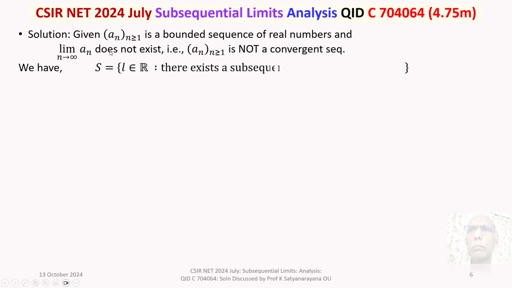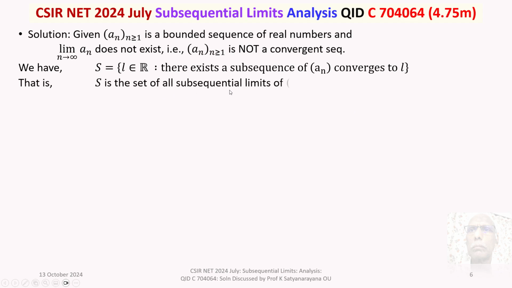We are given S is the set of all L belongs to R such that there exists a subsequence of the sequence which converges to L. That means S is the set of all subsequential limits of the sequence a_n, n greater than or equal to 1. Agreed.